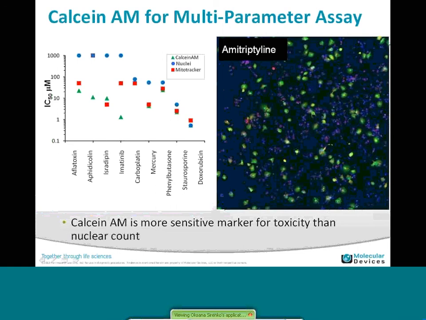This kind of analysis shows that Calcein AM apparently gives lower IC50 for a number of compounds, which suggests that it has higher sensitivity to the toxic effects than other markers.